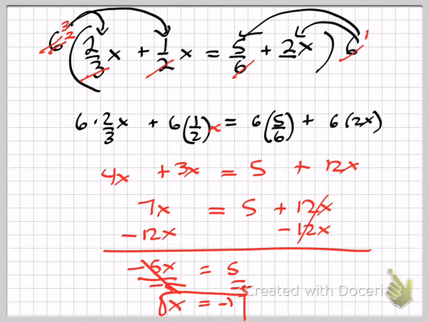Okay, questions? Okay, let's try one with decimals. So if I have something like 16 and 3/10 minus 7 and 2/10 y equals negative 8 and 18/100, I want you to solve by clearing. So what might you do to solve this by clearing?